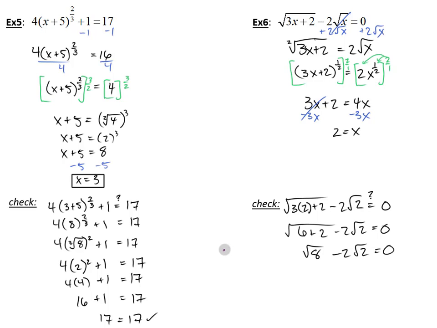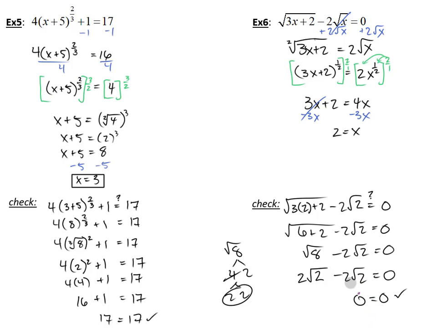Maybe if I simplify the square root of 8. Well, that's 4 times 2, that's 2 times 2. Aha. So a 2 gets to come out of my radical from that pair, and there'd be a 2 left over. Now, I may not have a calculator, but I know something minus itself will equal 0.